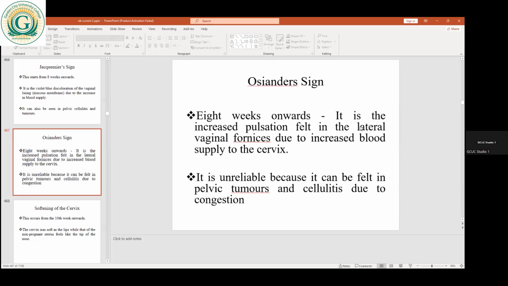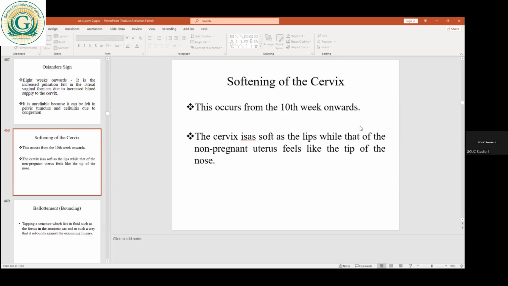Then you have softening of the cervix. When the woman is not pregnant and you do a vaginal examination, you touch the cervix, it is very, very hard. The woman responds violently.